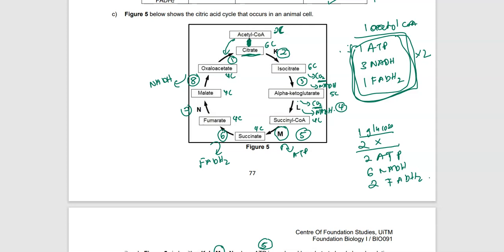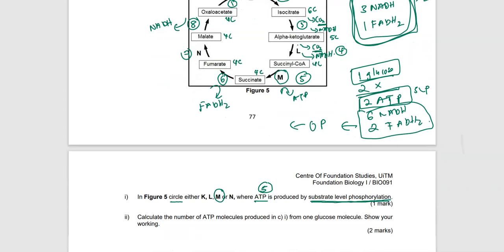These NADH and FADH2 will be used during oxidative phosphorylation to produce more ATP. The production of ATP here is through substrate level phosphorylation.